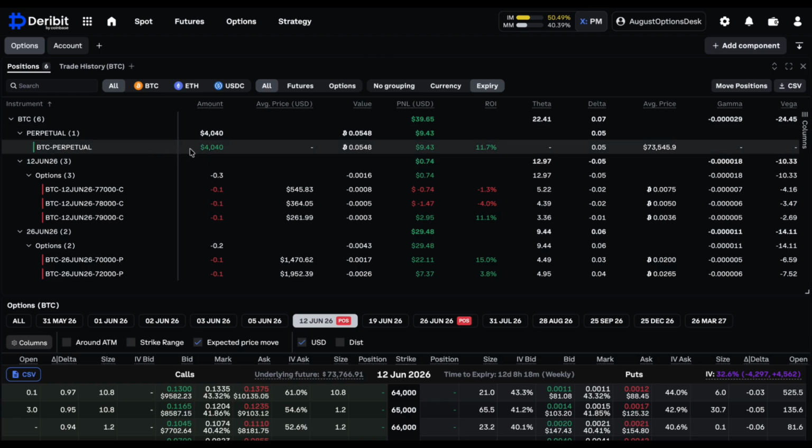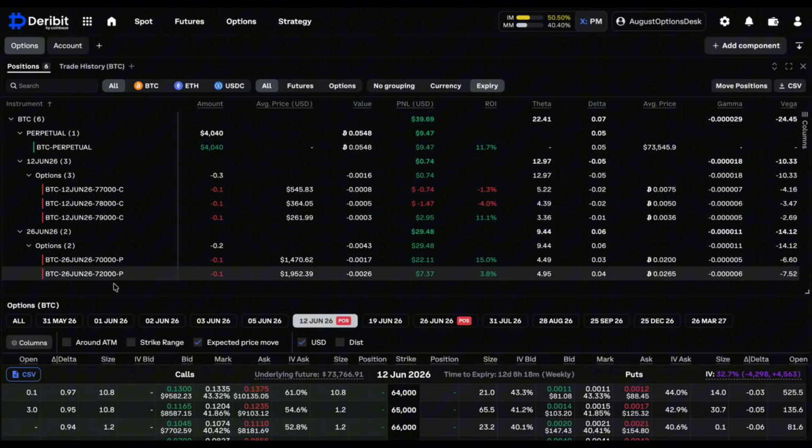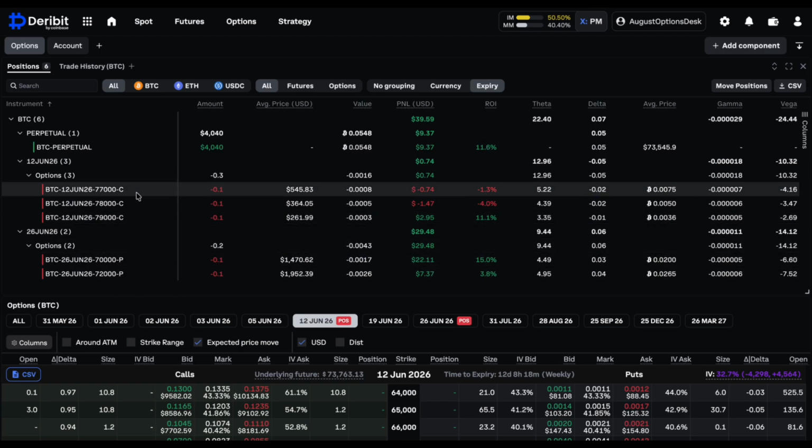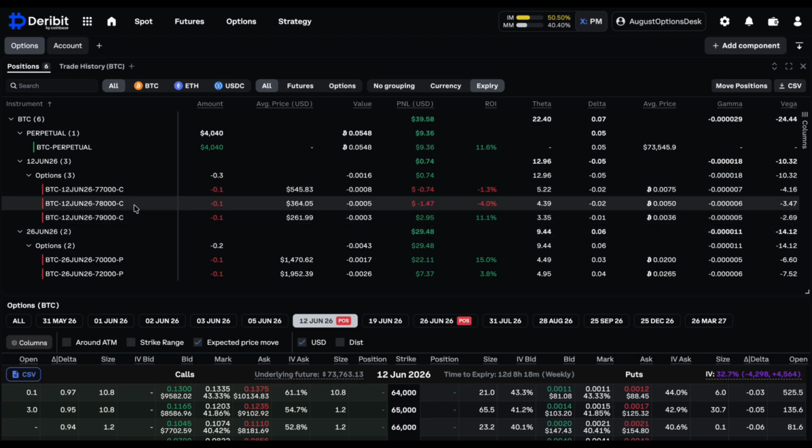If Bitcoin goes up, the shares that are essentially owned synthetically, the Bitcoin long perp that I have here, is going to go into profit. I'm going to make money, right? If Bitcoin goes up, the puts here are going to print and I'm going to make money. If Bitcoin stays below the strike price of the short calls, I'm going to print and I'm going to make money.